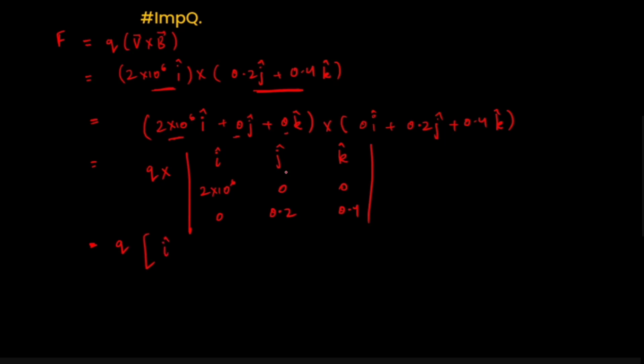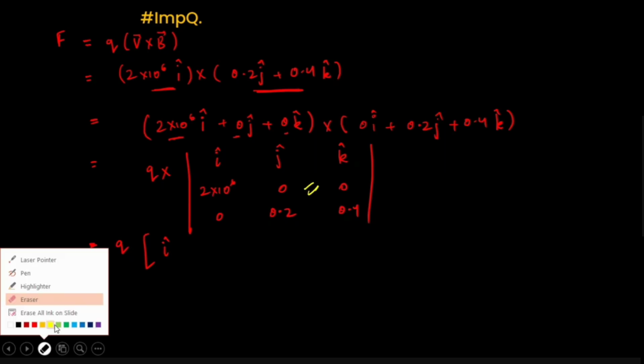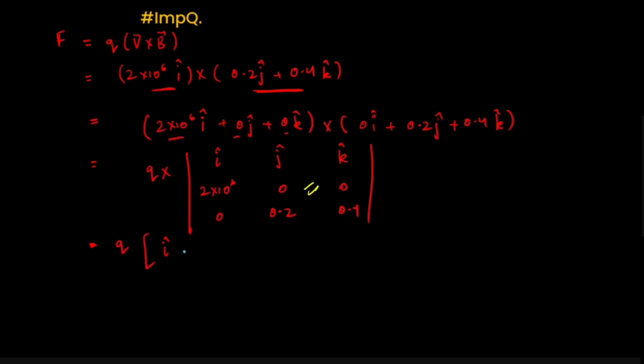Leave its row and column, and cross multiply the remaining four numbers. So we write 0 times 0.4 minus 0 times 0.2, so it will be 0 ultimately.